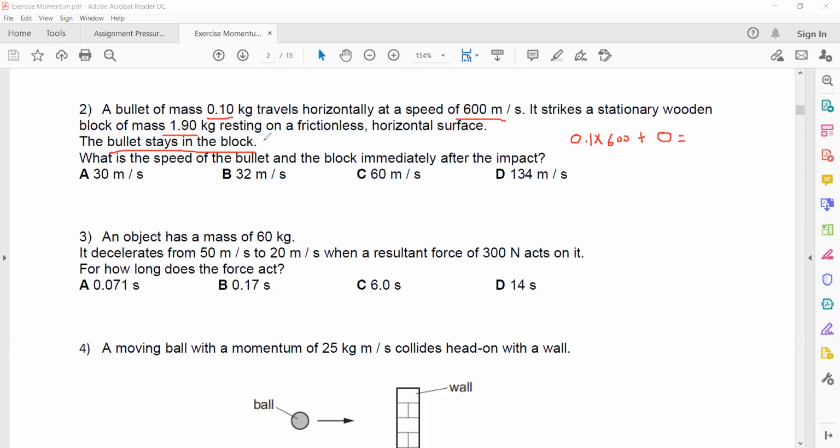This is equal to the momentum after collision. The mass of the bullet remains the same, 0.1, and the speed at which the bullet is moving is unknown, v, plus the mass of the block, 1.9, and the speed at which the block is moving is also v. Why? Because both stick together, it means both are moving with the same speed. So 0.1 multiplied by 600 is 60.